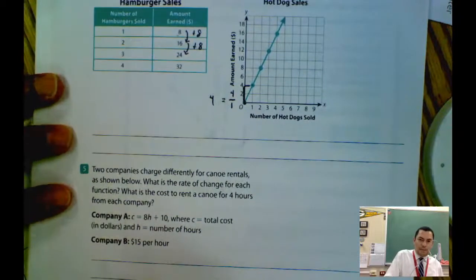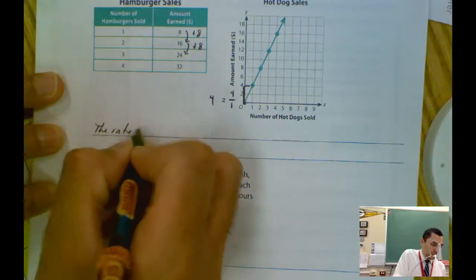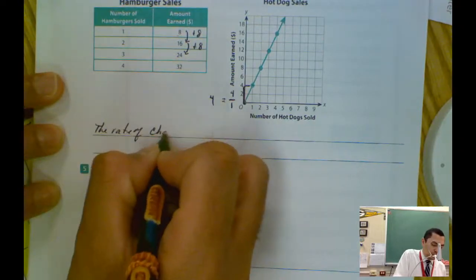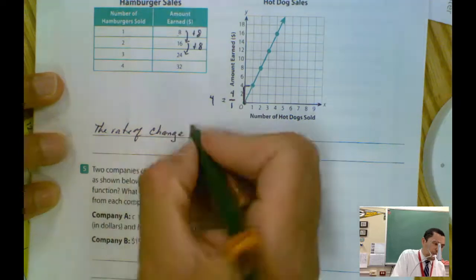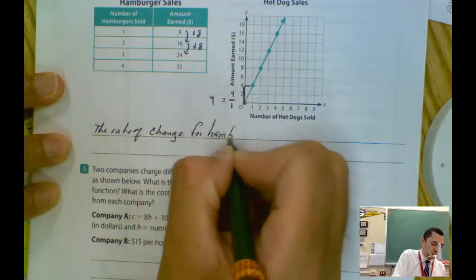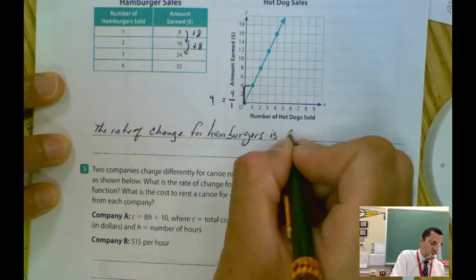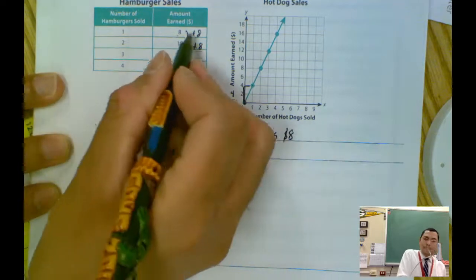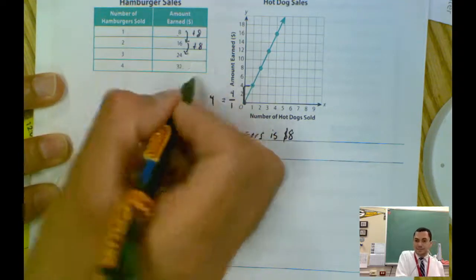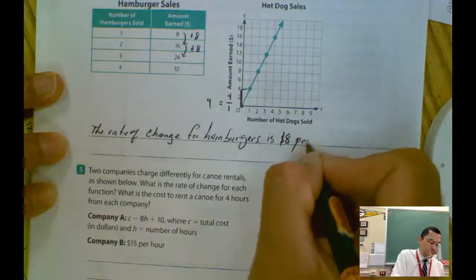I'm going to say the rate of change for hamburgers is $8. See the 8, the difference that is increasing, okay, per hamburger.